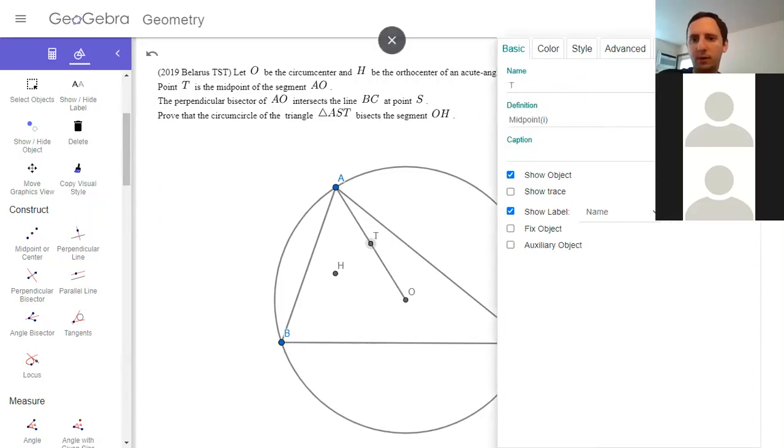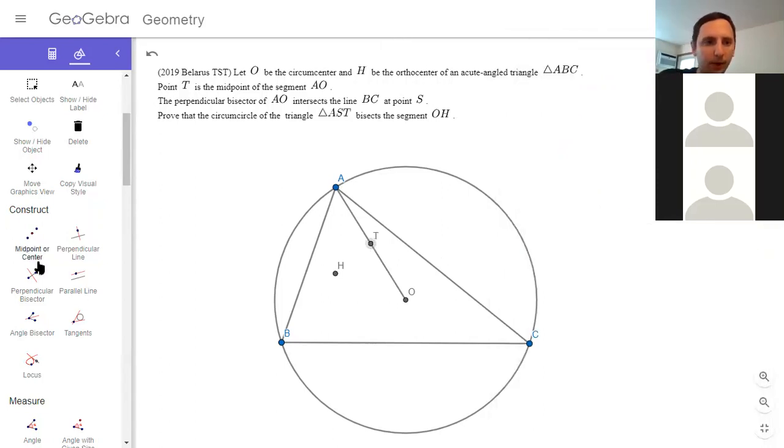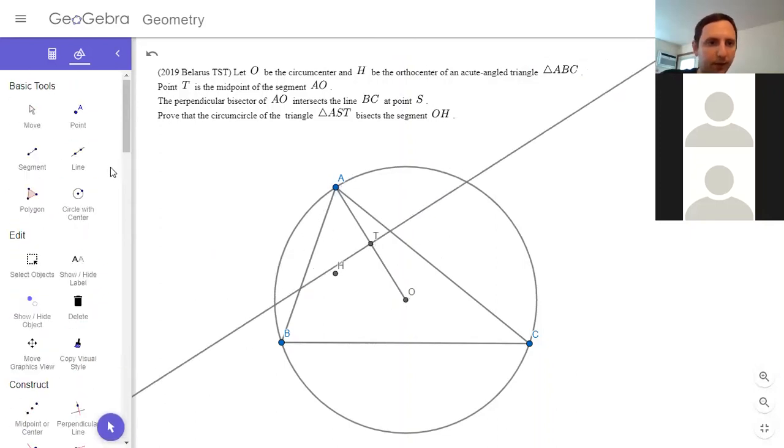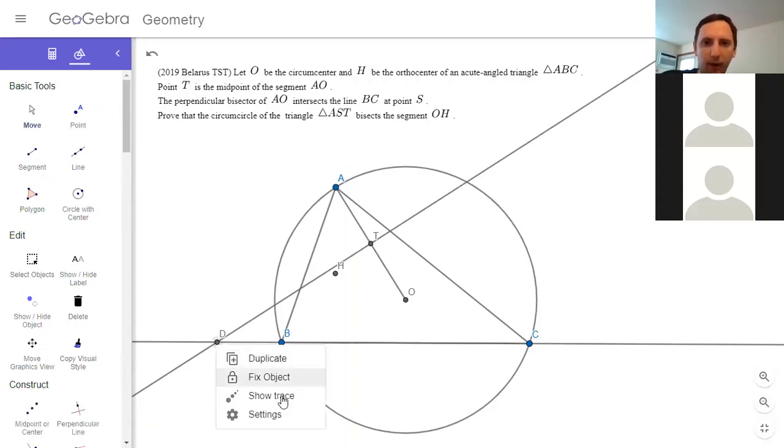All right. The perpendicular bisector of AO intersects BC at S.